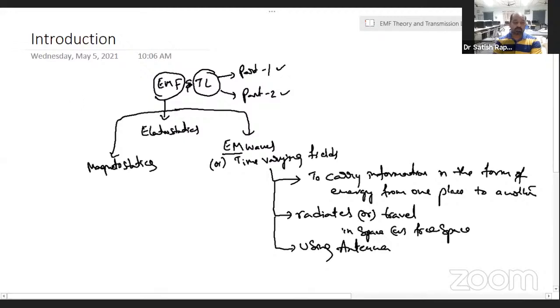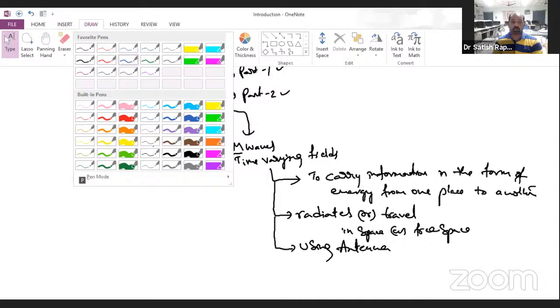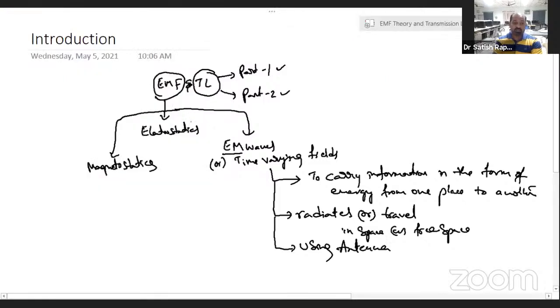Initially we will try to understand what is electric field, and then magnetic field, and then once we are well aware of electric and magnetic field, then we can understand EM waves very clearly.